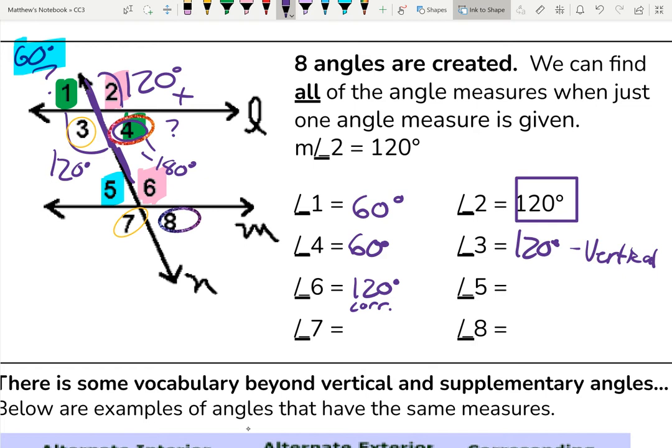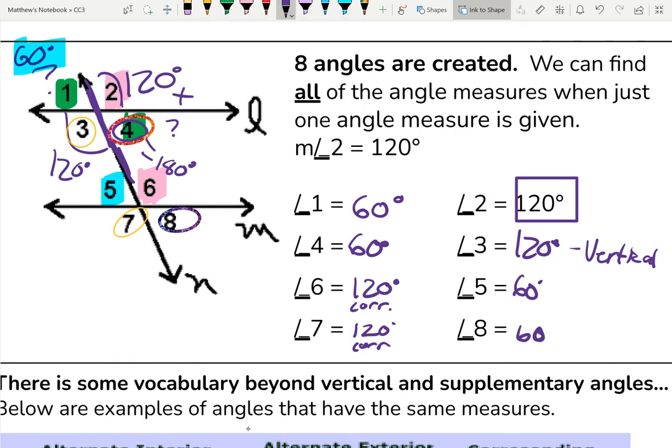Angle 7 is going to be the same as angle 3 because, again, they're corresponding angles. Angle 5 is going to be the same as angle 1. And angle 8 is going to be the same as angle 4. All these are going to be because they are corresponding angles.